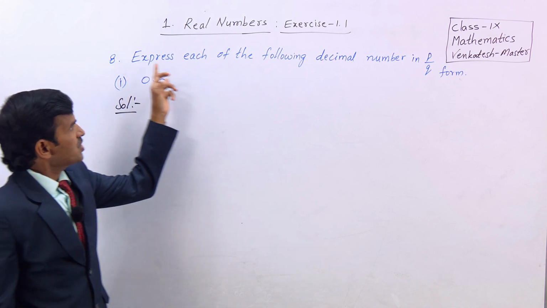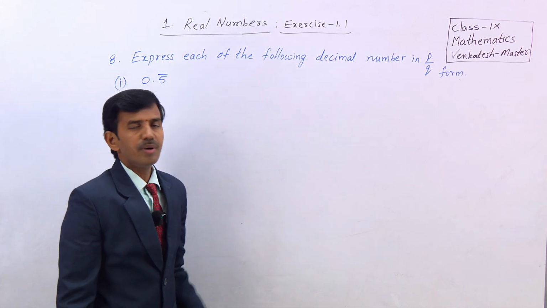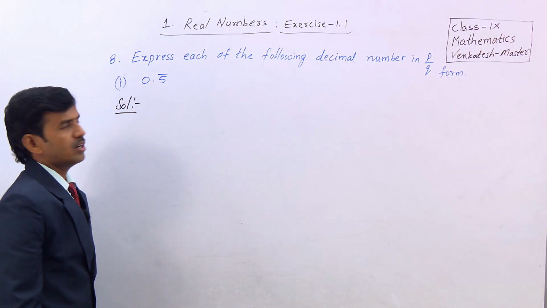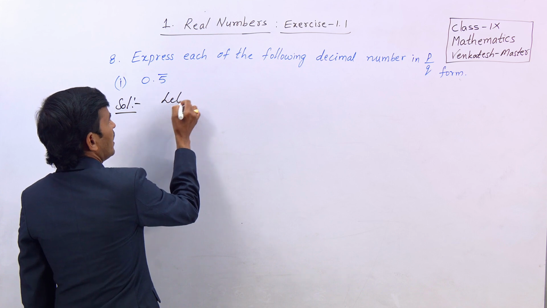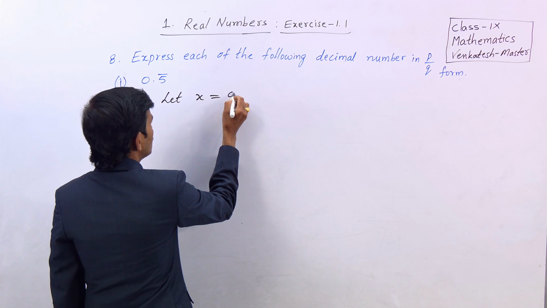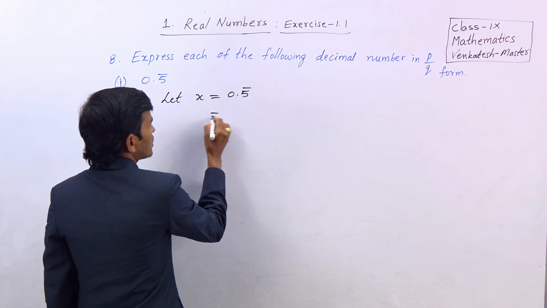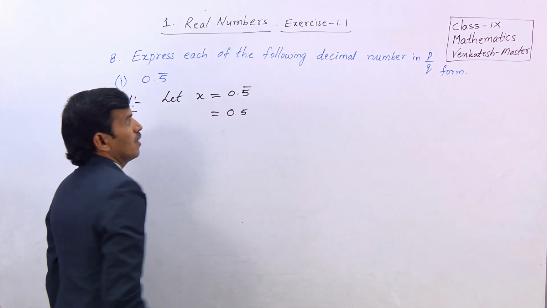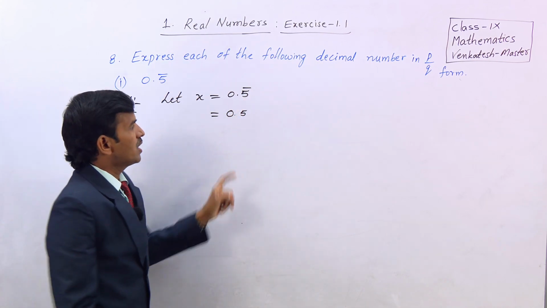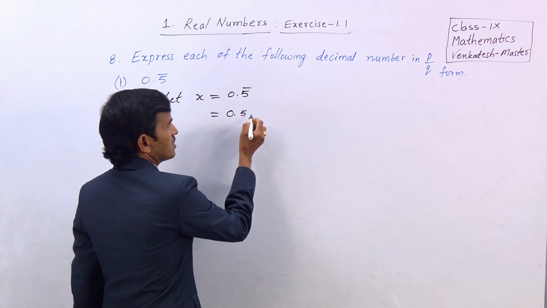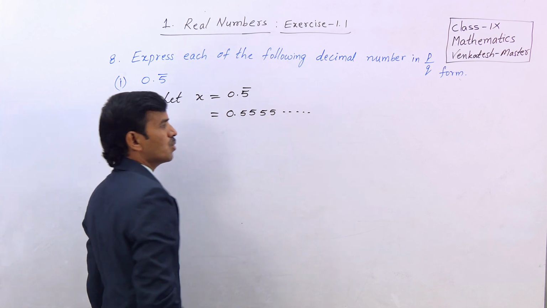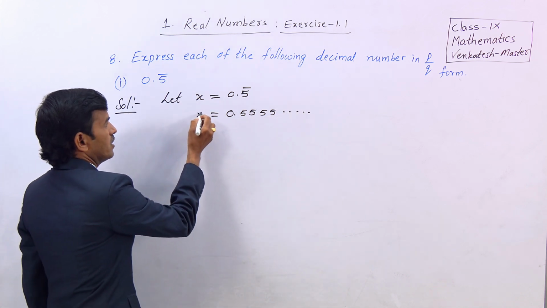Okay. Express each of the following decimal numbers in P by Q form. In which, the first one, if we consider 0.5 bar, let this given number be x, that is x is equal to 0.5 bar, which can be written in the form of, how many decimals are repeating in this? Only 5. So we can write this as 0.555 and so on. That is x is equal to this.